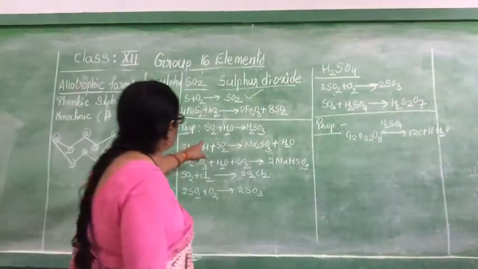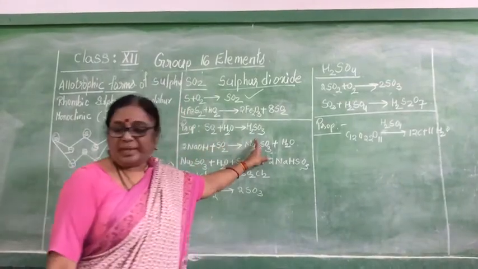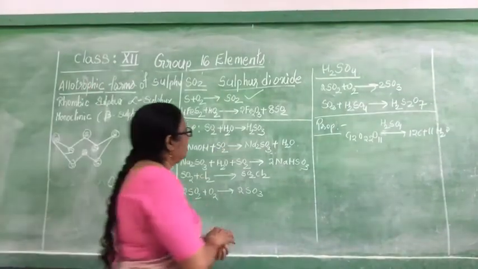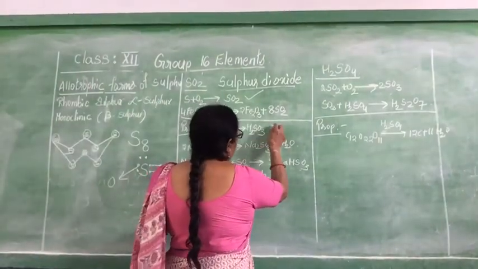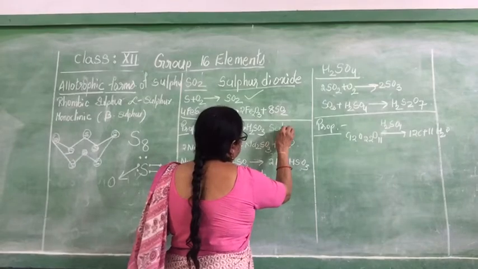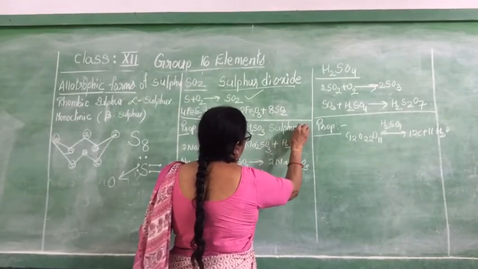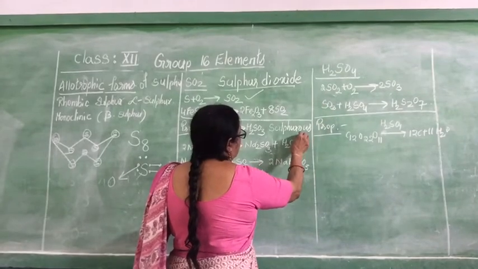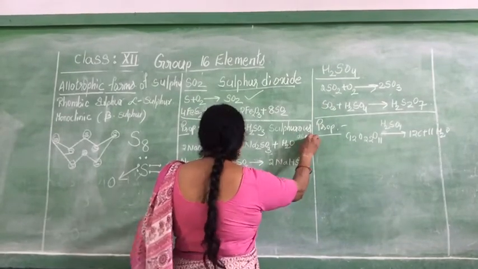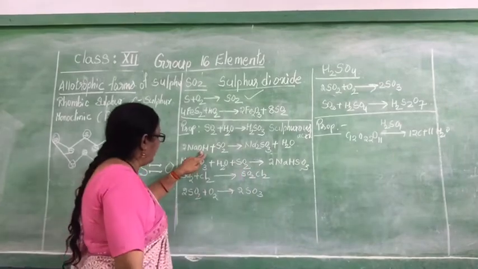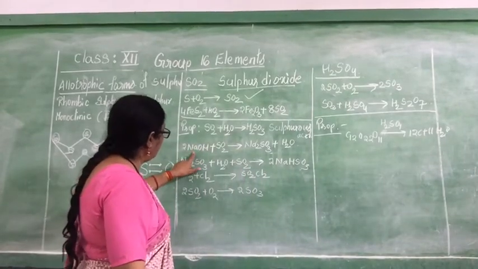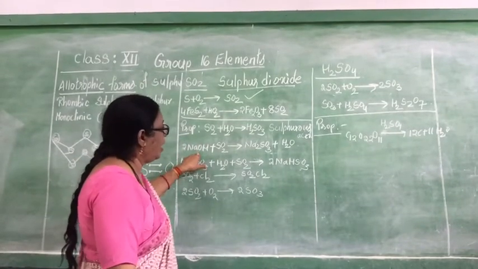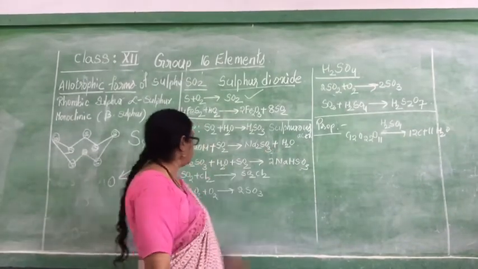Now, sulfur dioxide reacts with H2O to form H2SO3, that is sulfurous acid. This is not sulfuric, children, sulfurous. U-S and I-C, there is a difference. Sulfurous acid. Now, 2 moles of NaOH, when sulfur dioxide is passed, we'll have Na2SO3 plus H2O.